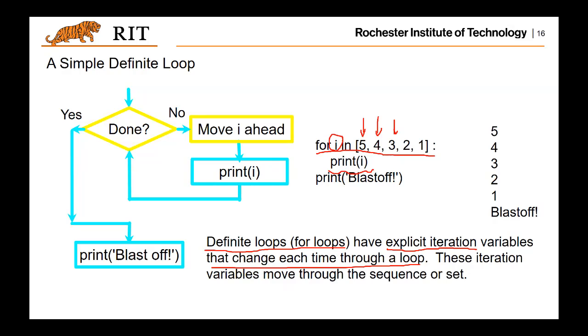You got it? So this variable contains both the element inside this loop, and also it will move forward. It will change across each of the iterations.